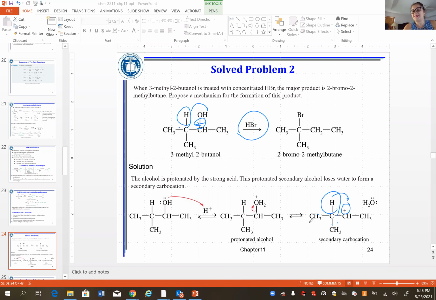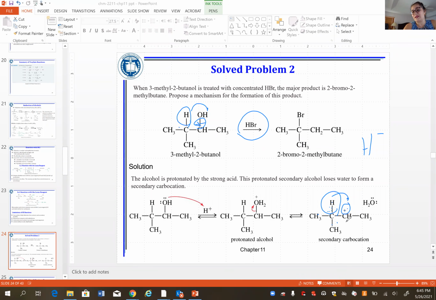So basically, when we say hydride shift, that's H minus moving. That means the hydrogen leaves with its 2 electrons and goes onto the adjacent carbon, and it can only move by 1 bond. It is not going to be able to move by 2 bonds. It takes too much energy. So it's the hydrogen with the pair of electrons that goes and replaces the positive charge, and the positive charge is switched.